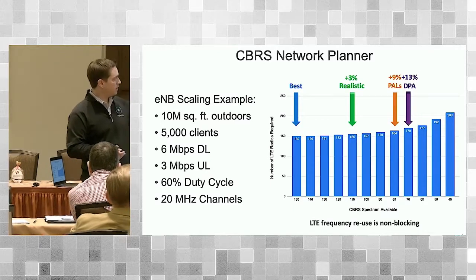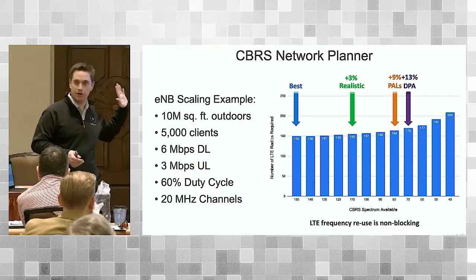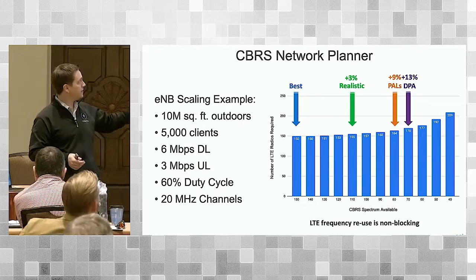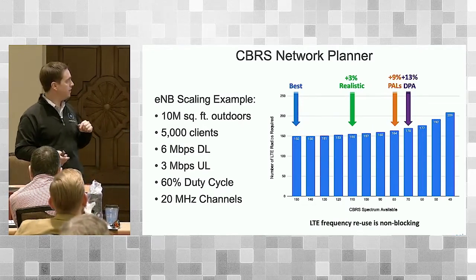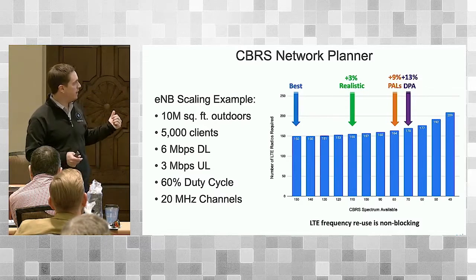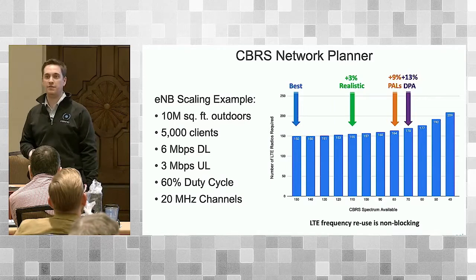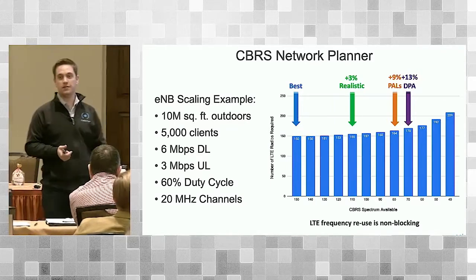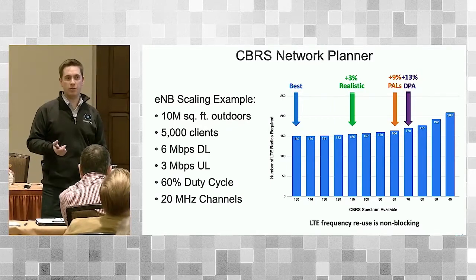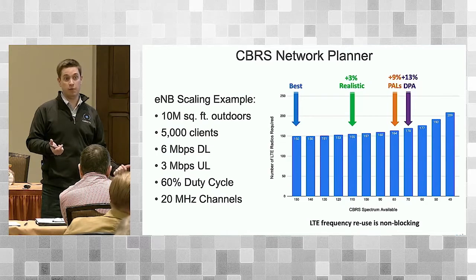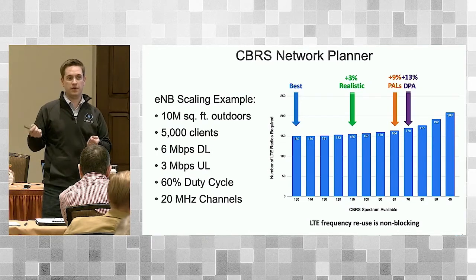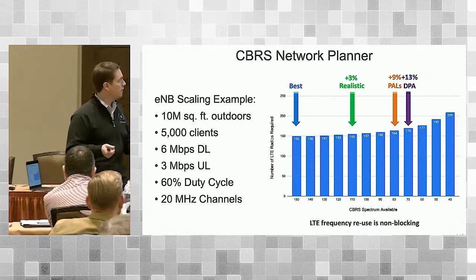Let's say I started with 150 megahertz of spectrum, and then I go down, and I say realistic is 110. I go from 150 radios required to 155. I've taken away 40 megahertz of spectrum, almost a third of my spectrum, and I've only gone from 150 to 155 infrastructure radios. Again, because it's non-blocking interference, I get better frequency reuse out of the system.